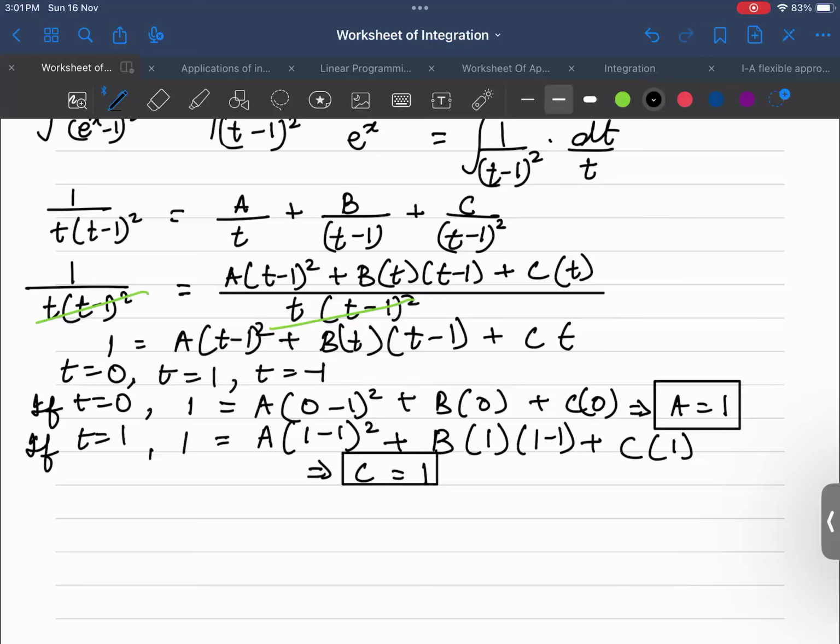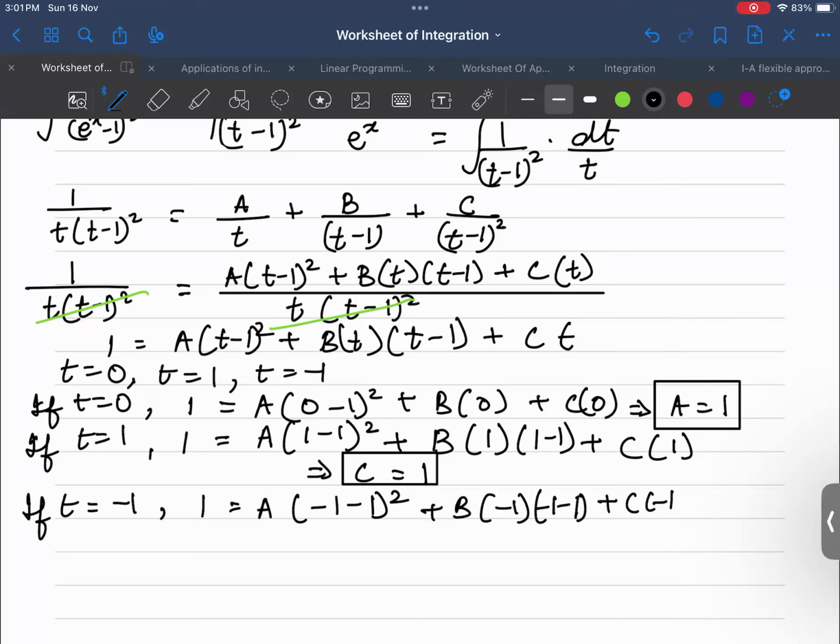I think it's clear. Now t equals minus 1. We will keep 1 equals a (minus 1 minus 1) whole square plus b (minus 1)(minus 1 minus 1) plus c (minus 1). We get 1 equals 4a plus 2b minus c.